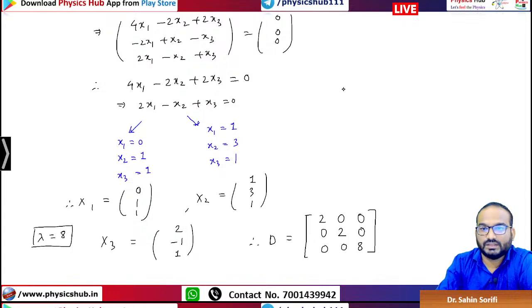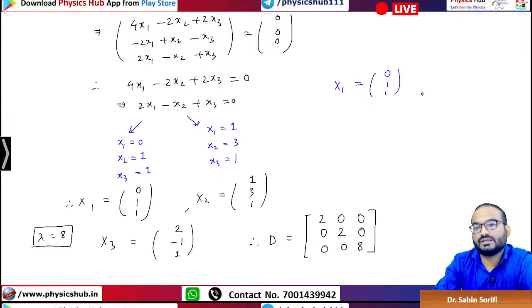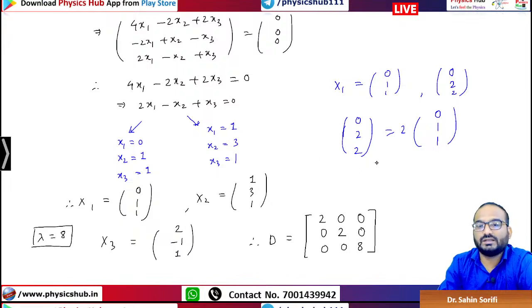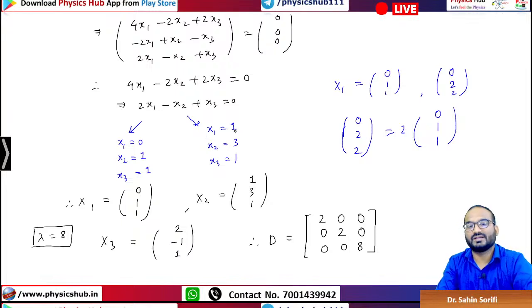Let's say x1 is 0 1 1. You are saying 0 2 2, but 0 2 2 we can write in this way, 2 times 0 1 1. So 0 2 2 will not be counted. We have to find linearly independent ones. This is not linearly independent. So linearly independent, you will only find these two. So you can say we can get 2 6 2 also. I think you got my point, Murli.